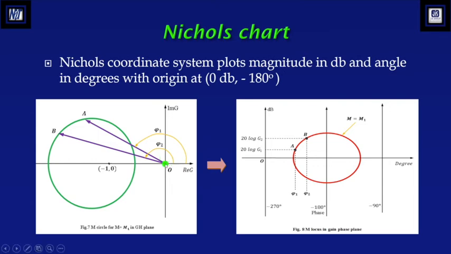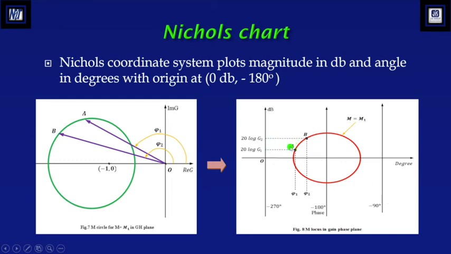The magnitude of phasor OA in dB and the phase angle in degrees is calculated, say phi 1. So this phi 1 is measured. These values of the length and angle are the coordinates of the corresponding point in the gain phase plane.